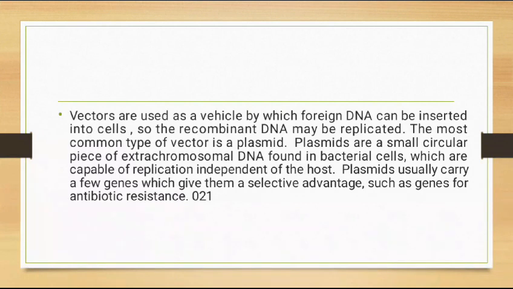The most common type of vector is a plasmid. Plasmids are small circular pieces of extrachromosomal DNA found in bacterial cells, which are capable of replication independent of the host. Plasmids usually carry a few genes which give them a selective advantage, such as a gene for antibiotic resistance.